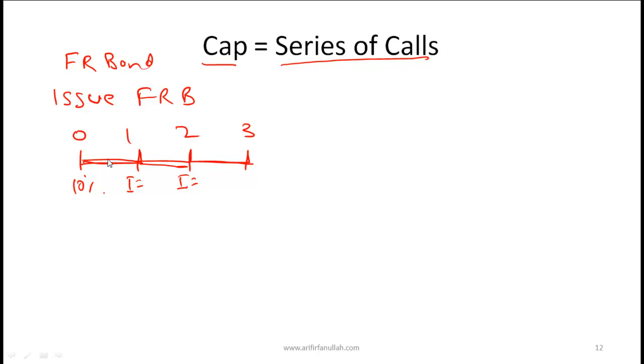Now, if this is simply a floating rate bond, and let's say that at the end of period 1 the interest rate is 11%, then that means at the beginning of period 2 the interest rate is 11%. So for period 2 you need to make an 11% payment, and then for period 3, let's say the interest rate is 12%. That means that your coupon payment then, since this is a floating rate security, will have to be 12%.